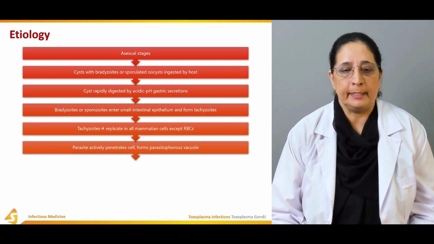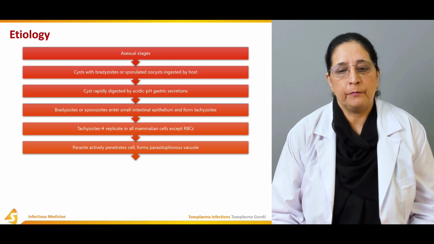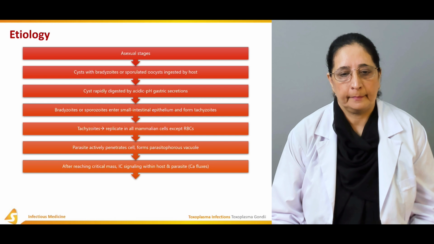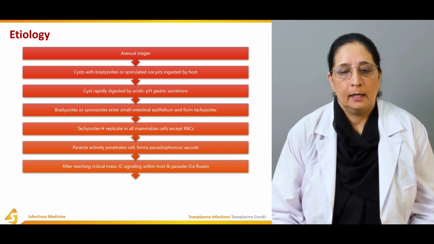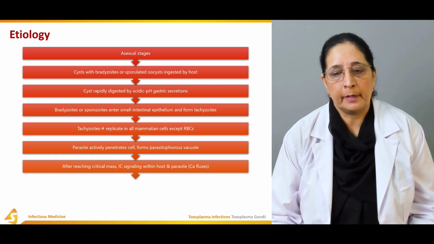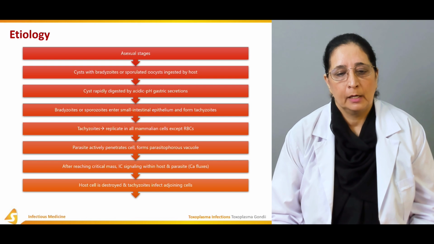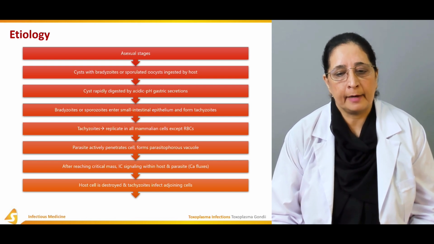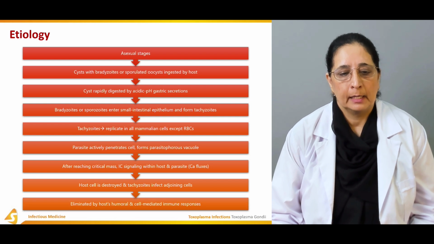The parasite actively penetrates the cell and forms a parasitophorous vacuole. After reaching critical mass, intracellular signaling within the host and parasite occurs. The host cell is destroyed and tachyzoites infect adjoining cells.